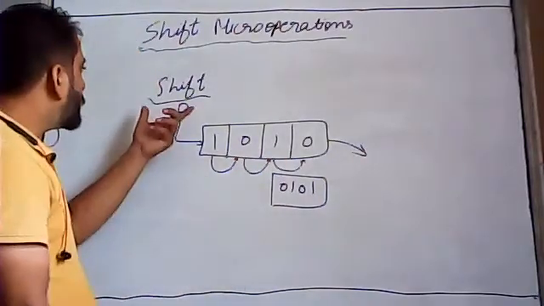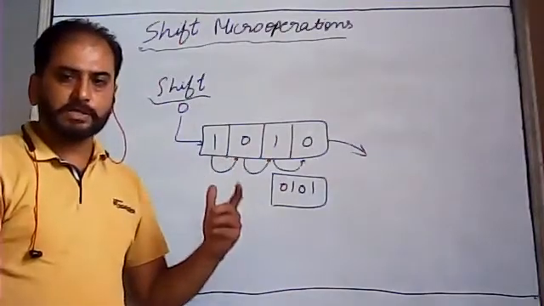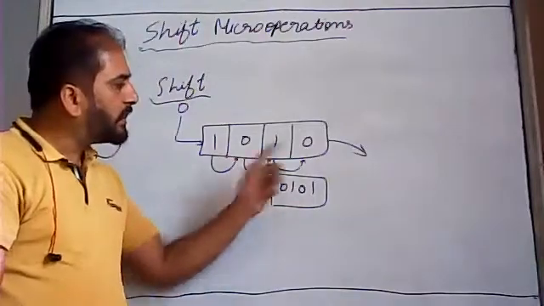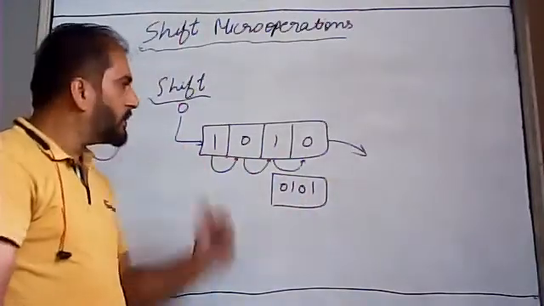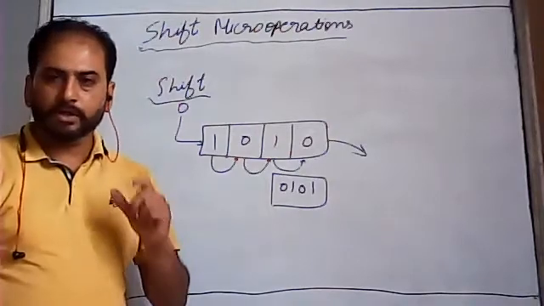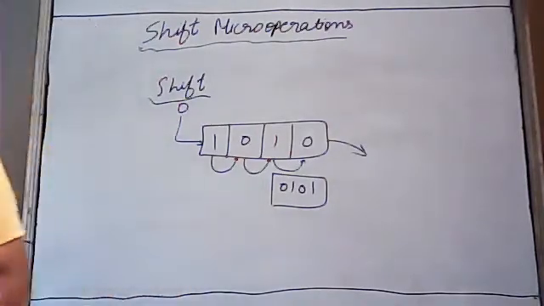So shift means to shift the bits. It is a serial transfer of data either to the right or to the left. Shift micro operation is basically of three types.